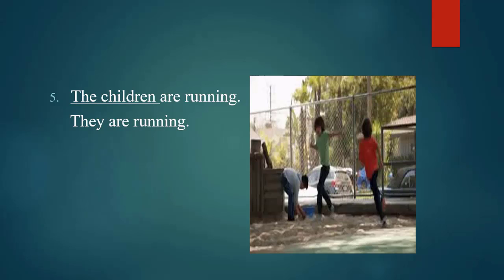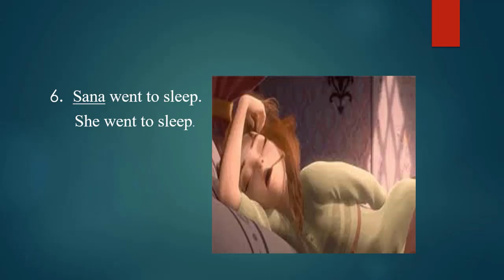Our fifth sentence is the children are running. जैसा कि आप देख रहे हैं कि एक से ज़्यादा बच्चे खेल रहे हों तो जो प्रोनाउन यहाँ यूज़ करेंगे वो है they. So our sentence will become they are running. Our sixth sentence is Sana went to sleep. इस सेंटेंस में सना एक गर्ल है.